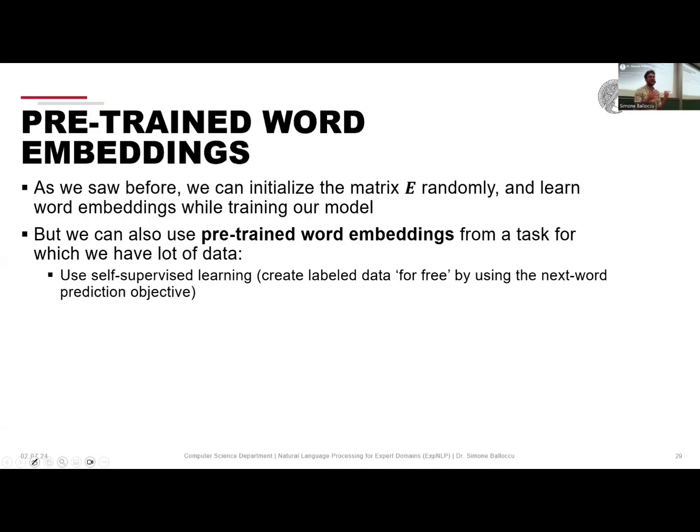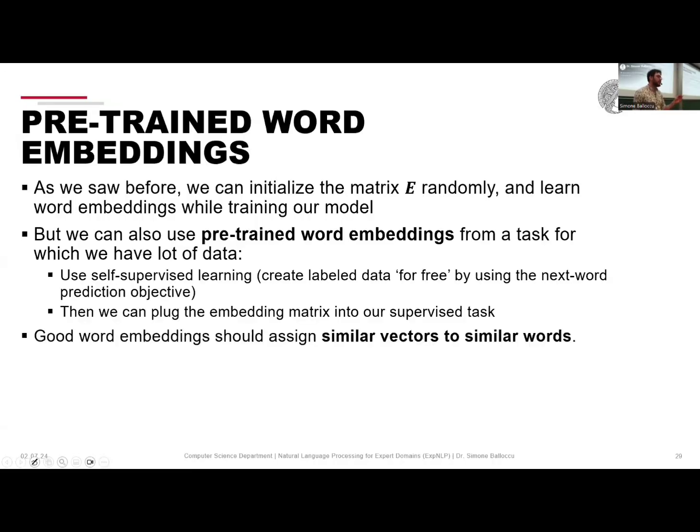The annotation is inherent in the text, as we said. We learn these embeddings by just doing next word prediction, and then we put them in our task. And in theory, you can further supervise them even more. For example, I take a matrix trained on Wikipedia, and in theory it tells me the probability of words. And then I plug it into my model and use that for sentiment analysis.